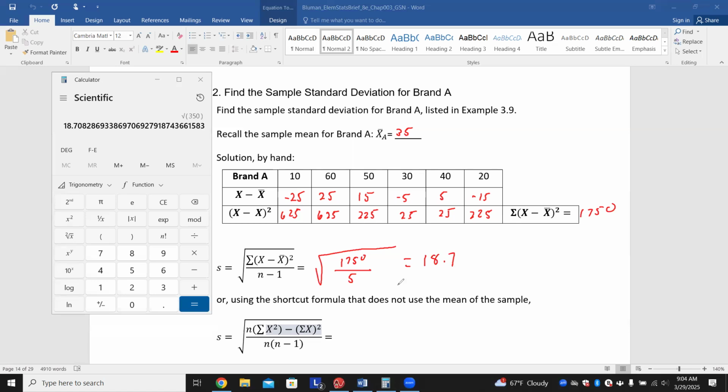They call this a shortcut formula as well, where you can actually square all of these numbers, add them up, then add all of these numbers, take that number squared, subtract the 2, and then divide that by the 6 times the 5.